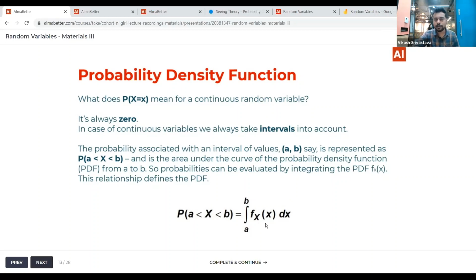This probability is equal to the integral of our PDF with respect to dx over the interval a to b, and this gives us the probability associated with this interval. This is how we define a probability density function for a continuous random variable. When we take some examples, these things will become clear.